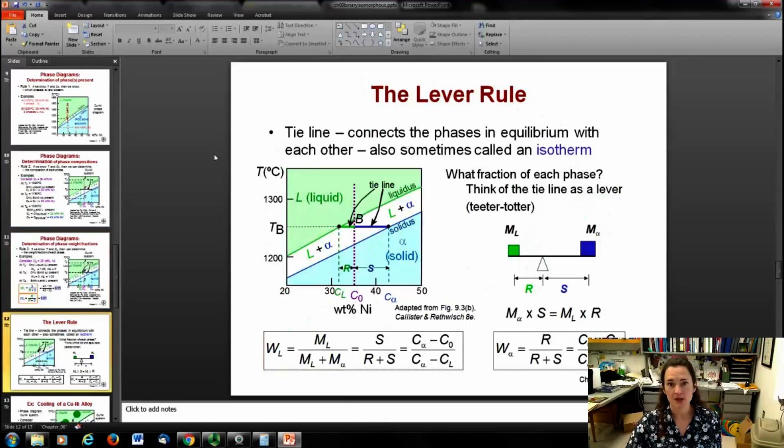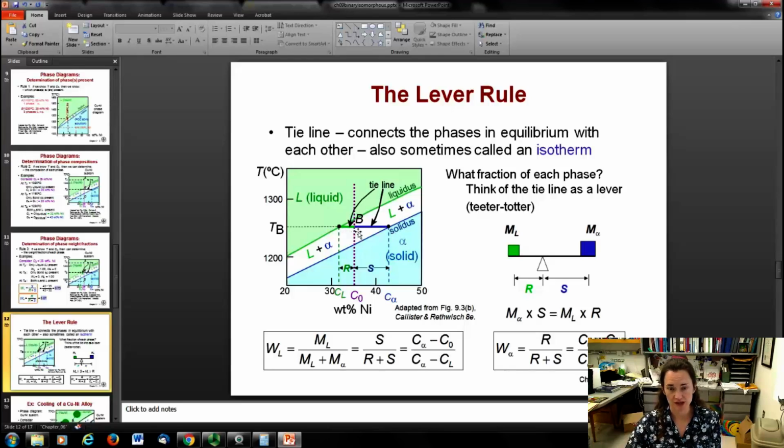So the tie line connecting the two, also called an isotherm, what you can do is look at the relative weights of the liquid versus the alpha phase based on the tie line. So if you want to calculate the weight percentage of the liquid in that liquid plus alpha phase, then you look at what concentration you're at, 35%, and then you compare the relative lengths of your tie line before it intersects the liquidus and solidus lines.